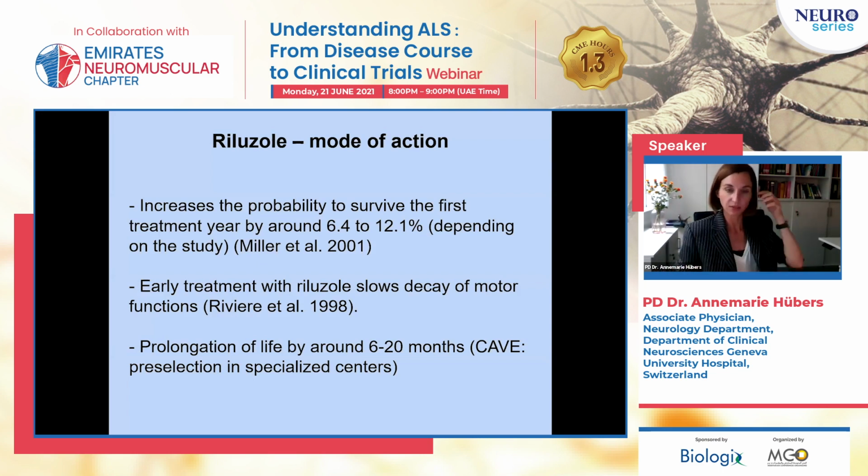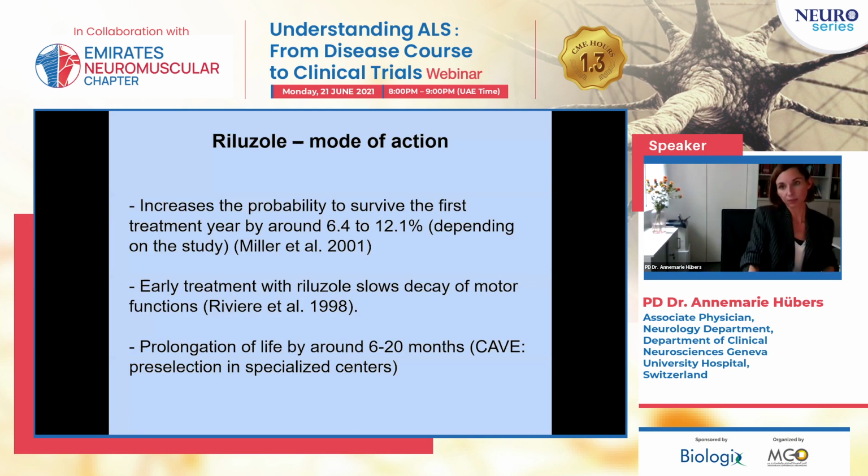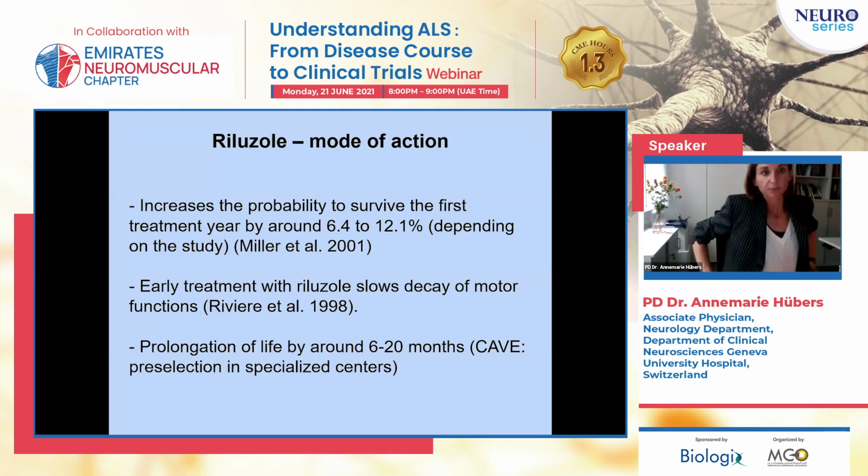So 6 to 20 months is quite a wide range, because there might be a bias in the first studies that were performed, as there was a huge pre-selection of very specialized centers where patients were diagnosed early, and on the other hand, were being taken care of at a very high level.